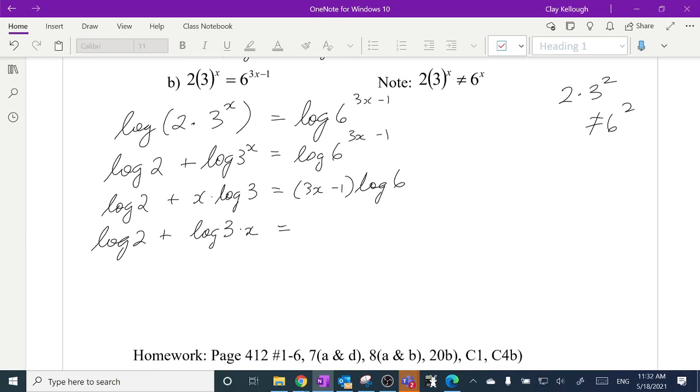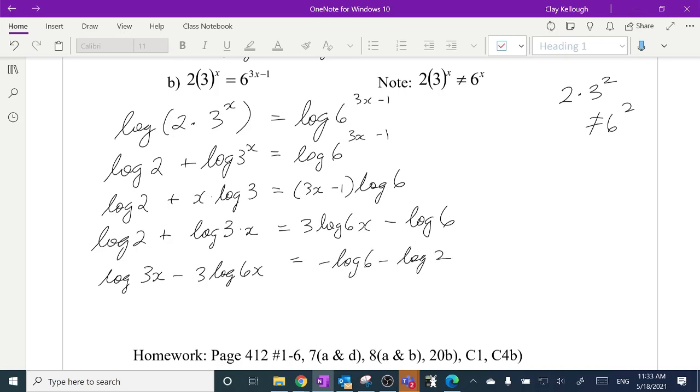Now I'm going to do the same thing here. So this is going to be 3 log 6x minus log 6. Once again, I have two terms that have an x in them. I have to collect them. And I have two terms that don't have an x in them, so they're just constants. So I'm going to collect those two.